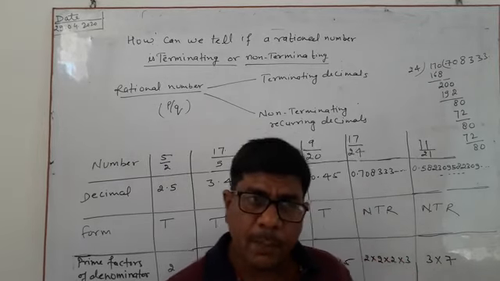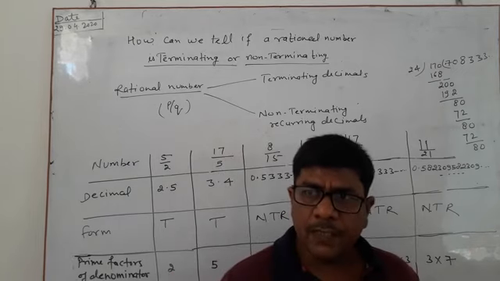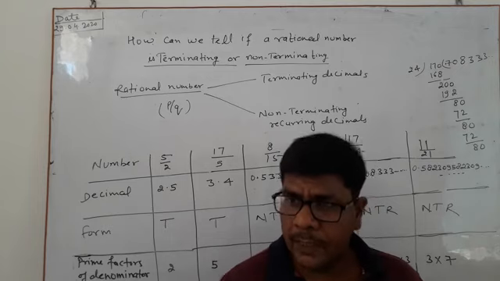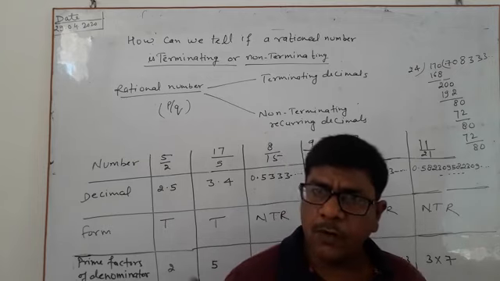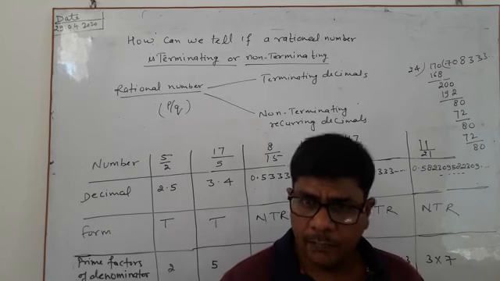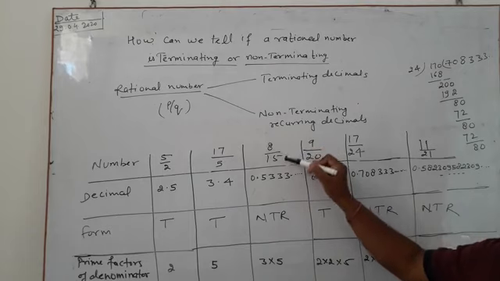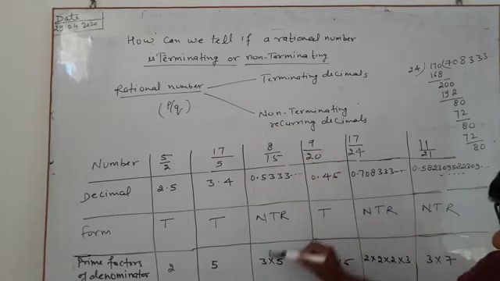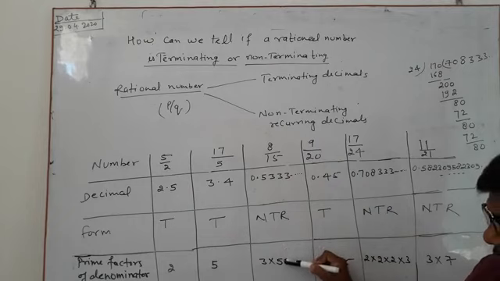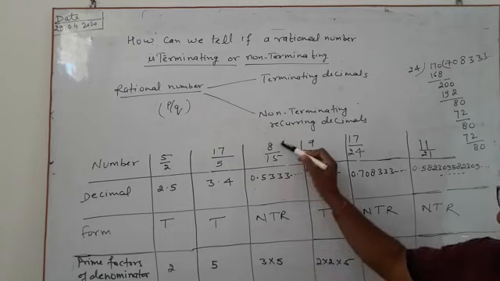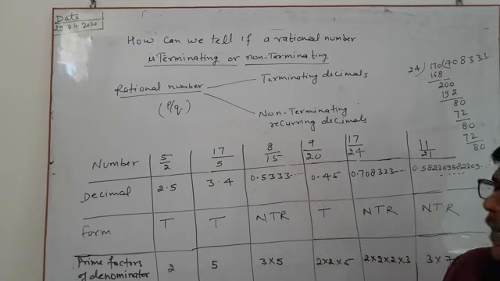Look at the third example, 8 upon 15. The prime factor of 15 is 3 into 5. Here 5 is given, but other than 2 and 5 there is 3. So we can say this fraction is a non-terminating recurring decimal.